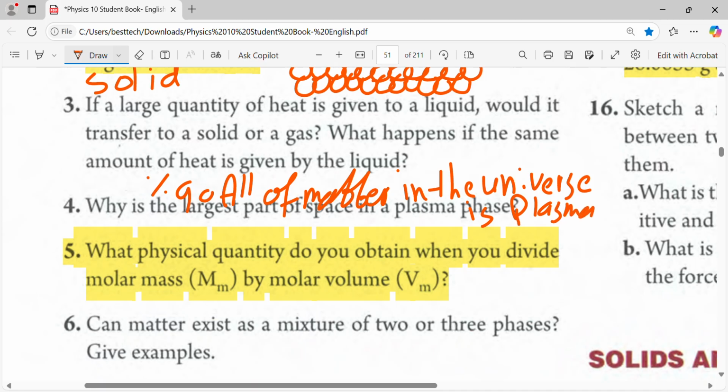That's right. This is the reason why the largest part of space is plasma, because 90% of the matter in the universe is plasma. And we also said the structure of plasma is electrons and nuclei moving at very high speeds, and plasma occurs at very high temperature. Okay.